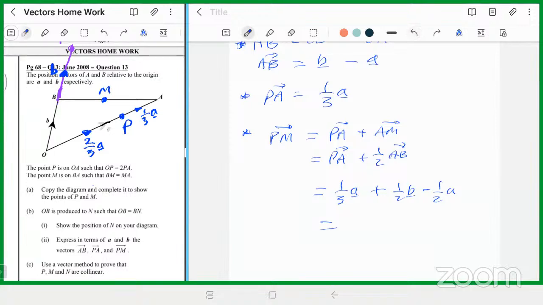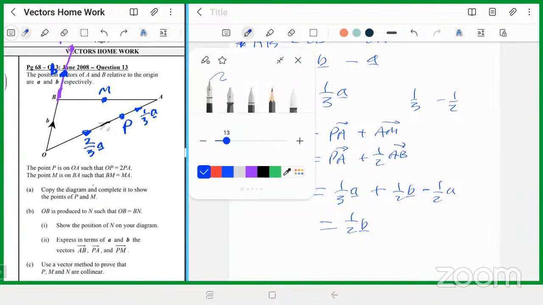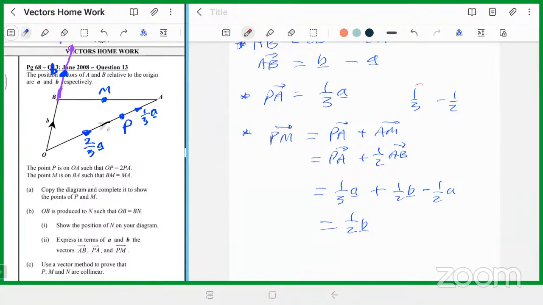I'm going to write half of B. Then this becomes 1/3 minus 1/2. Let's set it up. I want the two denominators to become 6. Multiply this one by 2 over 2, multiply this one by 3 over 3. So this numerator becomes 2, so it becomes 2 over 6 minus 3 over 6.